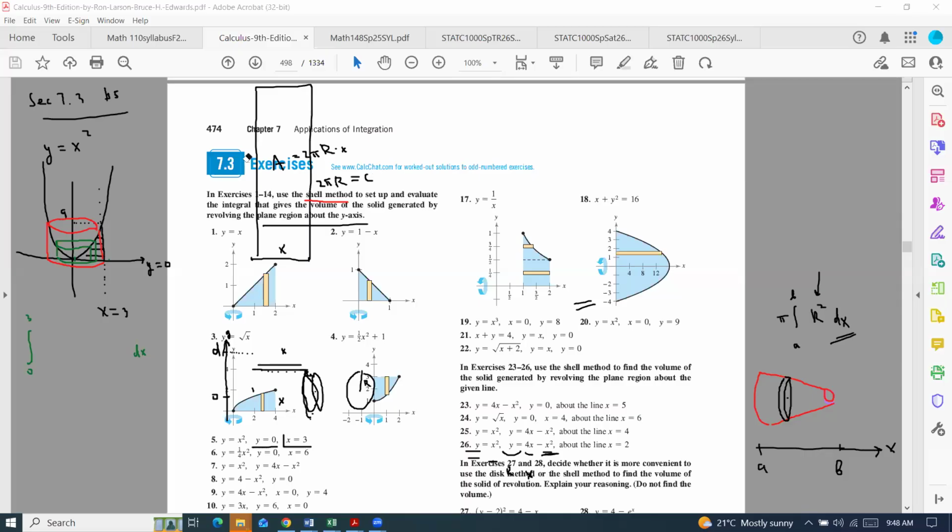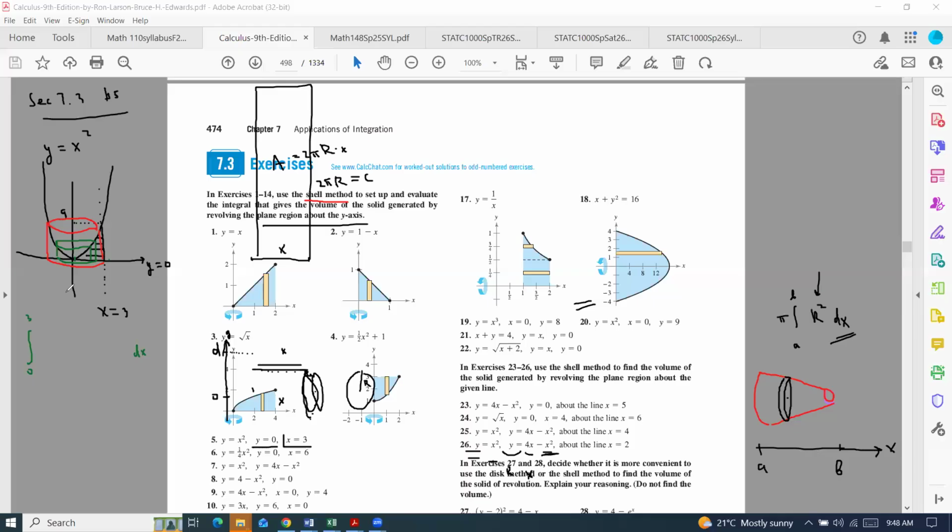Please notice, if you did it with washers, you would be slicing it from 0 to 9 and doing dy, which is also possible. In fact, I think that's probably even better, but we need to do dx here, so let's do it.